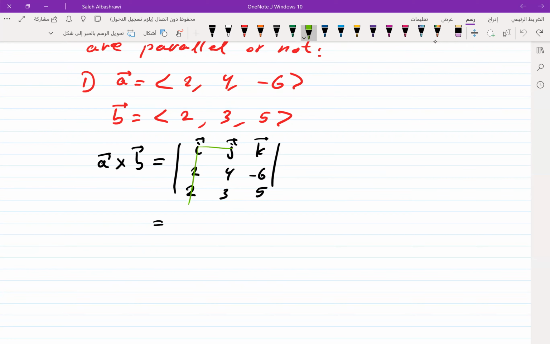let's take this one. I have 20 plus 18, I, 4 times 5 is 20, minus 18 is 38I. Now, cross the second column. 2 times 5 is 10, plus 12 is 22J.